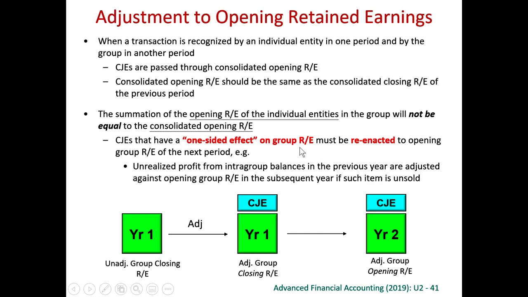If it is only debit retained earnings and credit retained earnings, the effect on retained earnings is zero. I don't need to repeat. We need to repeat those with a one-side effect so that we can reconcile the current opening retained earnings on consolidation with last year's consolidated closing retained earnings.